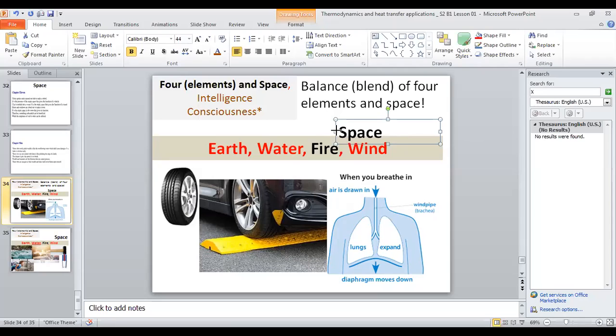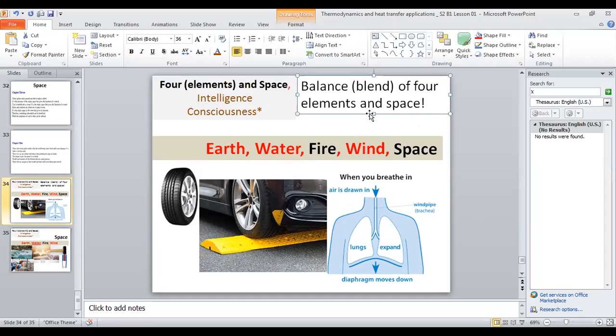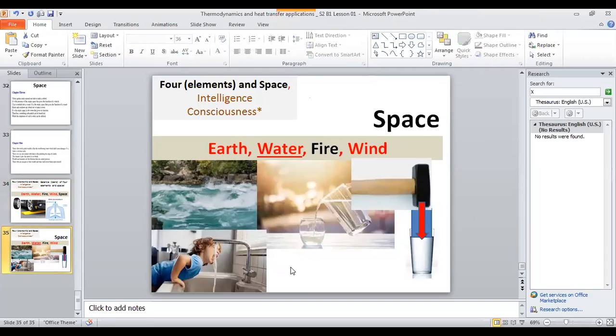You can use other words, that is fine, but these are the very basic ones. So balancing or blend of four elements and space is very, very important.